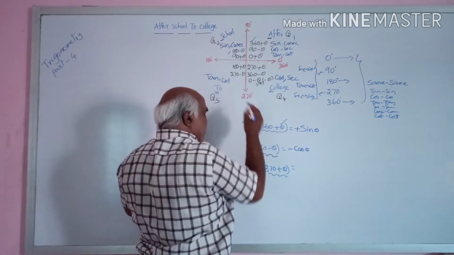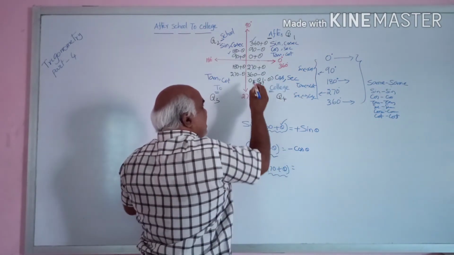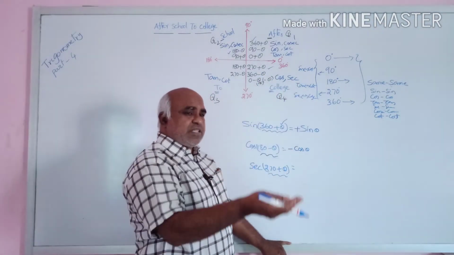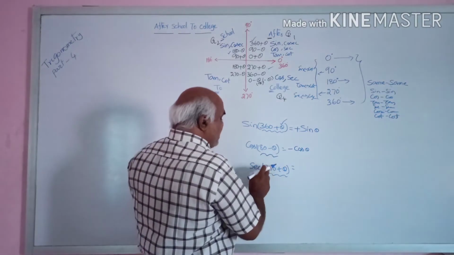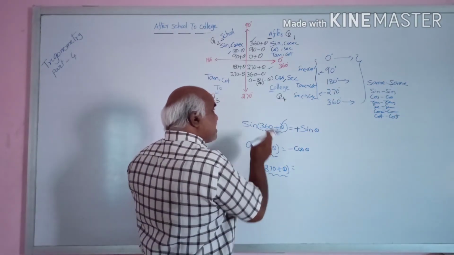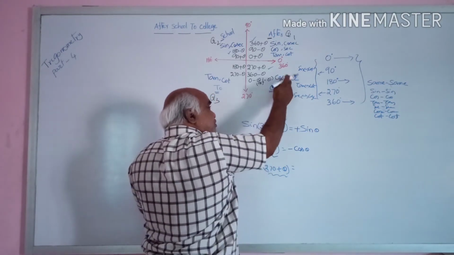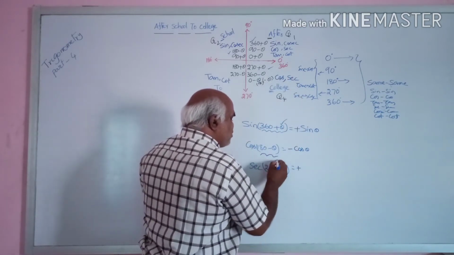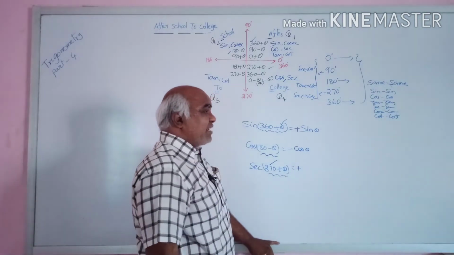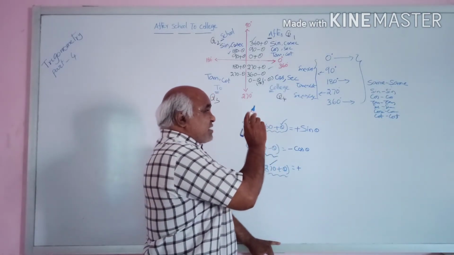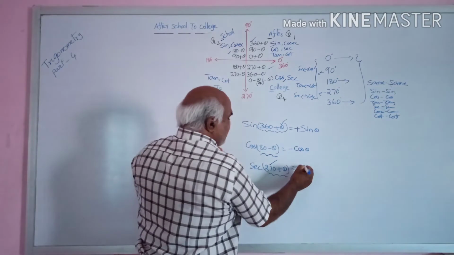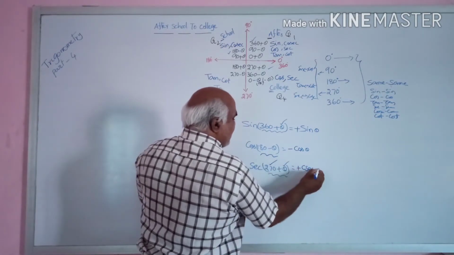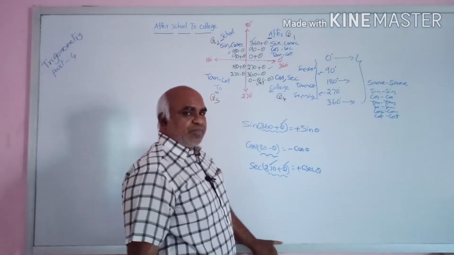Therefore, 270 plus theta is in fourth quadrant. 270 plus something is fourth quadrant. In fourth quadrant, secant is present or not? Secant is present in fourth quadrant. Therefore, plus. For 270, for secant we get cosecant. Therefore, cosecant. What is here? Theta. Therefore, cosecant theta.